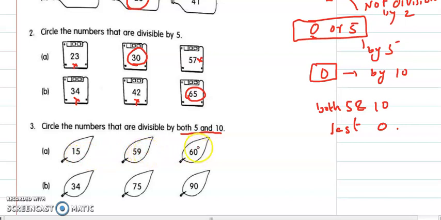This will not be, this will be, because we have to circle the one which is divisible by both. And the condition for divisibility by both 5 and 10 is that the last digit should be 0. This is only by 5 but not by 10, so we cannot. And this one we will, because it is divisible by both.